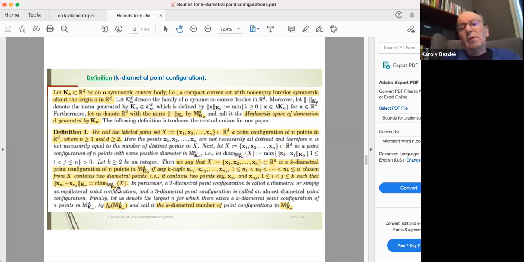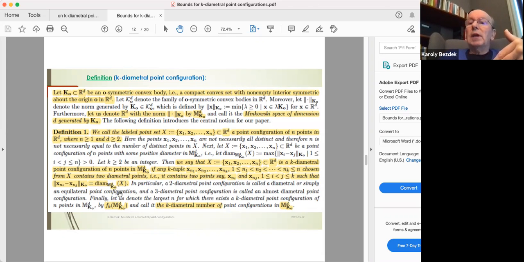If that holds, then I call that point configuration a k-diametral point configuration. Of course, a two-diametral point configuration is simply an equilateral point configuration. And Petty has managed to maximize the cardinality of a two-diametral point configuration in d-dimensional Minkowski space, as we discussed a few minutes ago.